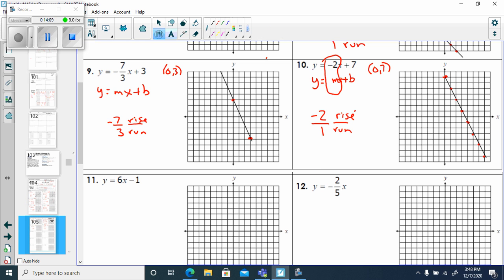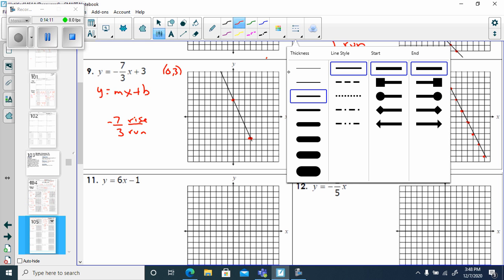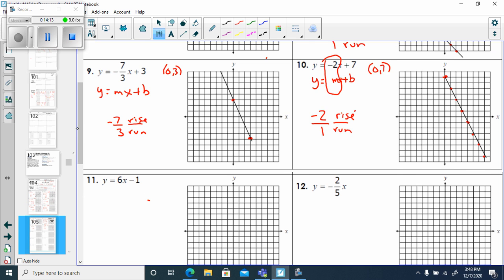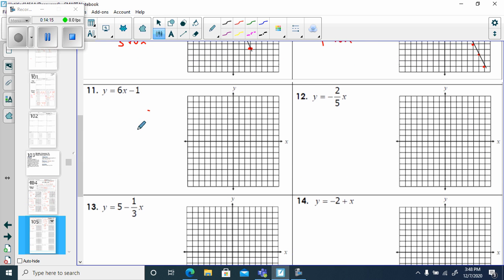Let's look at the next one. Y is equal to negative 6 minus 1. We know our linear equation looks like y is equal to mx plus b.